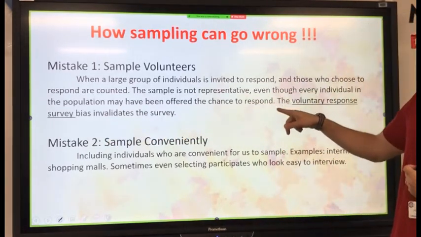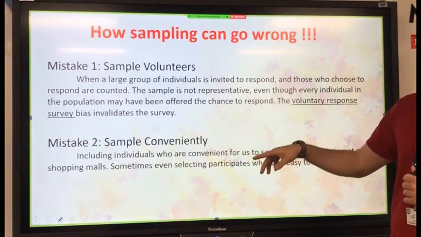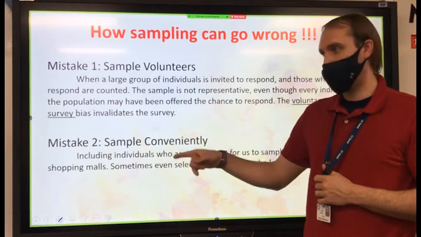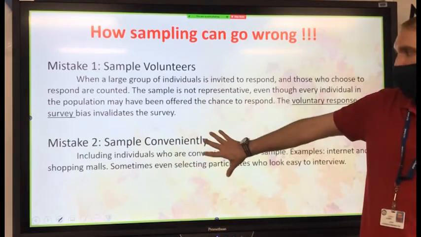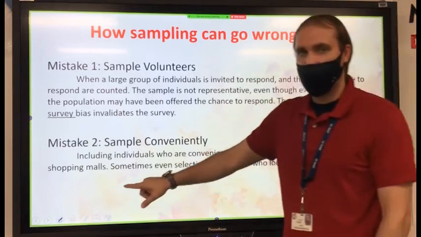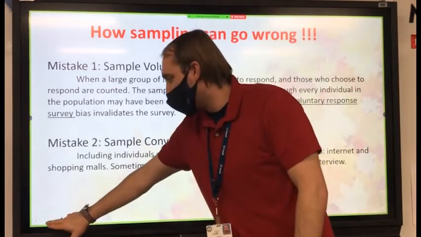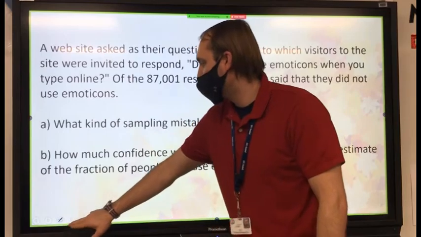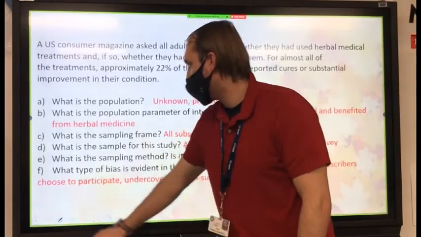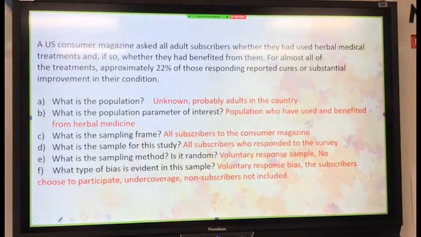So only the people that were subscribers were offered the chance to respond, and they only got responses back from people who responded. So it also makes this mistake, doesn't it? Convenience. They didn't go out and find anybody else, because they already had their mailing addresses, and so they only used people that were already on their list.